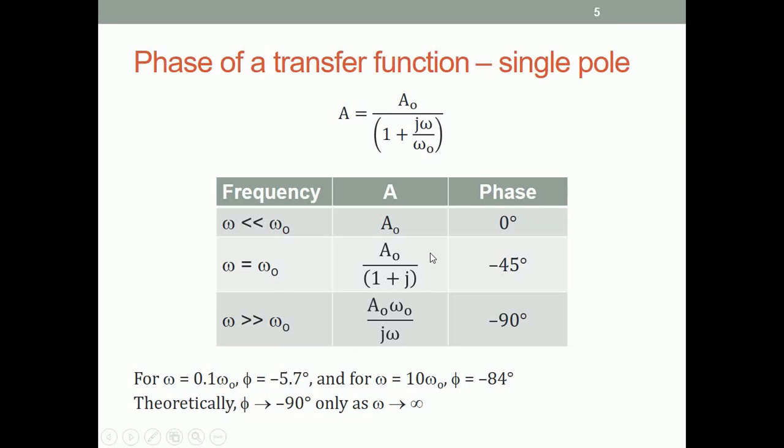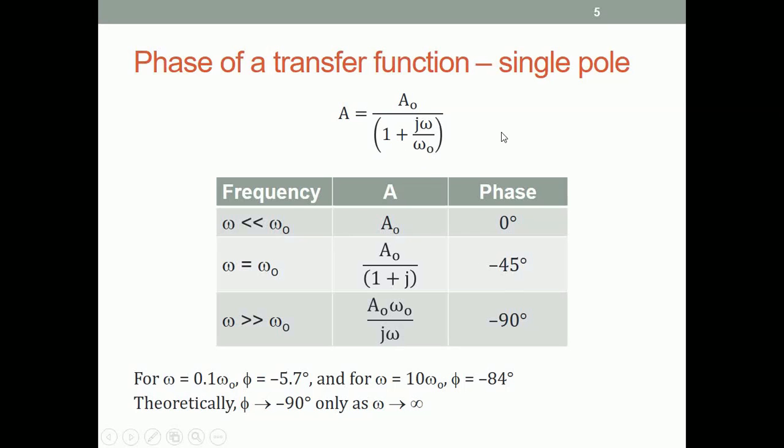Tan inverse of 1 is 45 degrees, so we get a phase of minus 45 degrees. For omega much greater than omega 0, we can ignore the 1, and so the approximate A is A0 omega 0 by j omega. The 1 over j gives a phase of minus 90 degrees. Alright, so this is a revision.